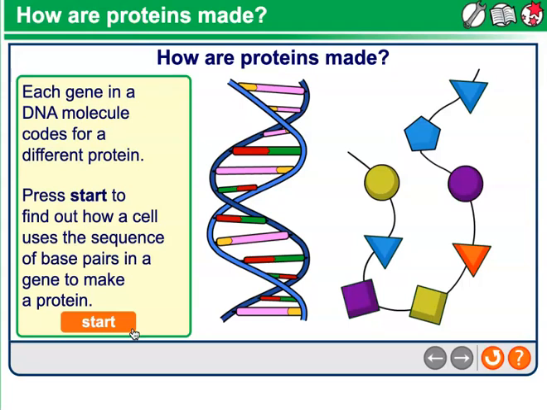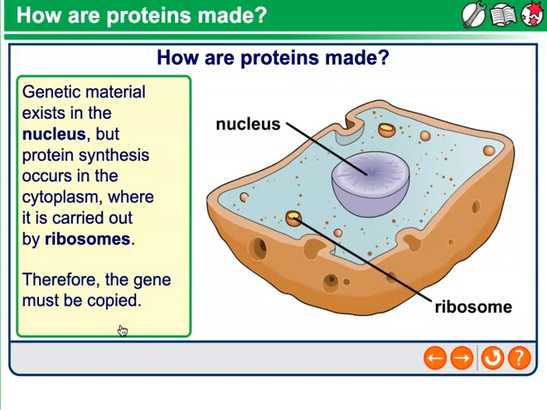So continuing to look at how proteins are made. Each gene in the DNA molecule codes for a different protein. Genetic material exists in the nucleus, but protein synthesis occurs in the cytoplasm, where it is carried out by ribosomes. Therefore, the gene must be copied.